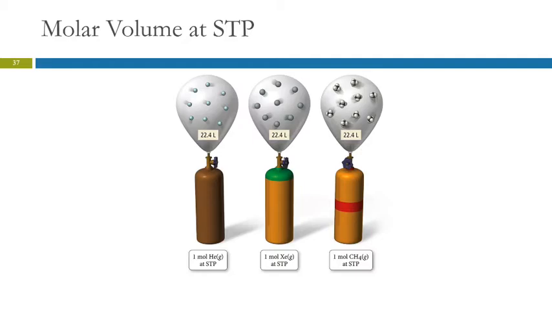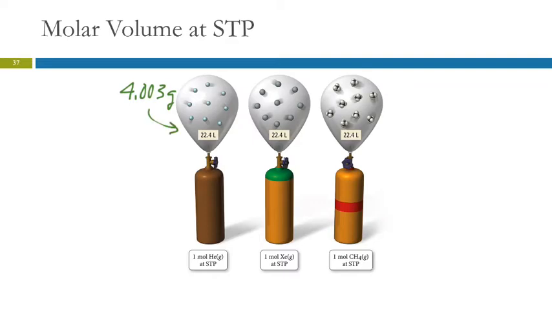Are those balloons going to weigh the same amount? Nope. 1 mole of helium is going to weigh how much? 4.003 grams. Because it's 1 mole of gas and 1 mole of helium weighs 4 grams.